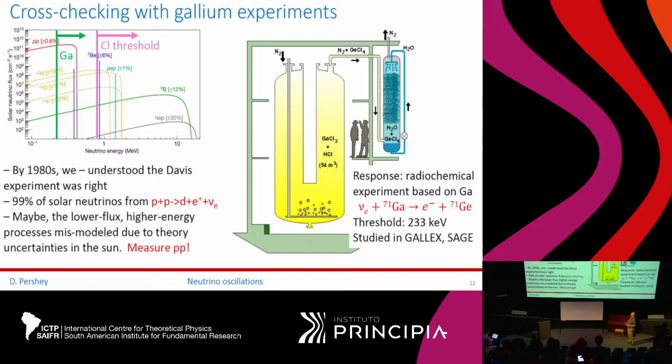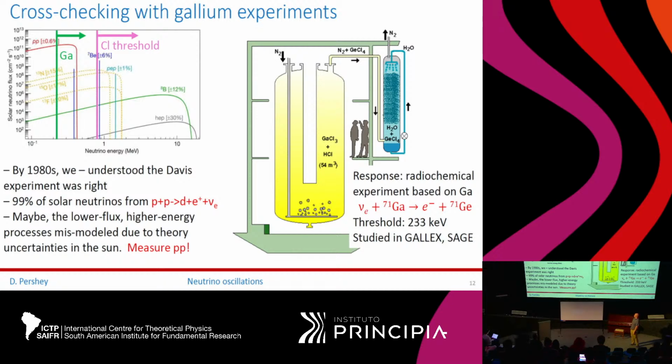And so we basically had a new version of the Davis experiment, still sort of a radiochemical separation process, using gallium instead of chlorine. And if you look at gallium, the threshold for neutrino capture is down here at about 230 keV or so. Much lower than the PP threshold.